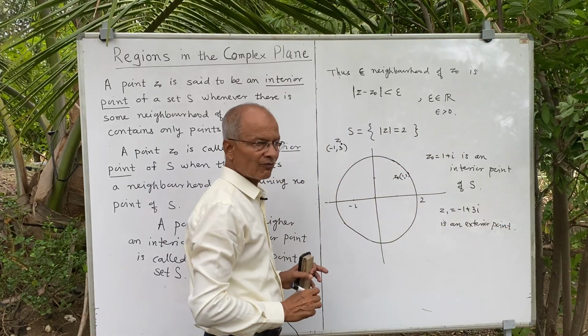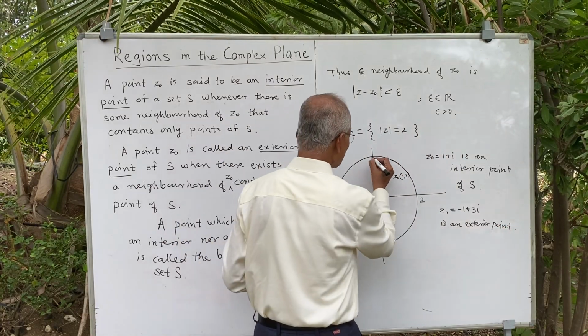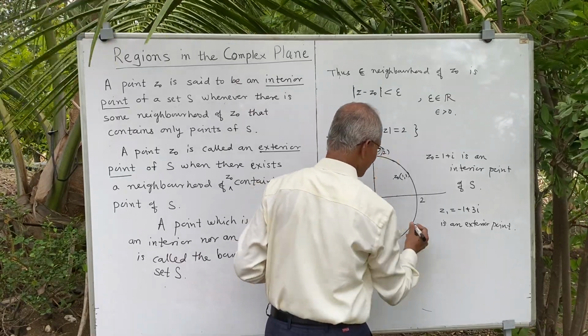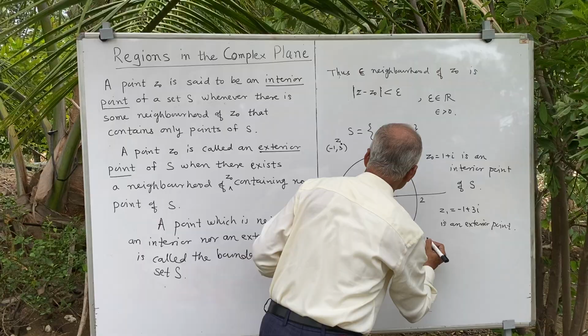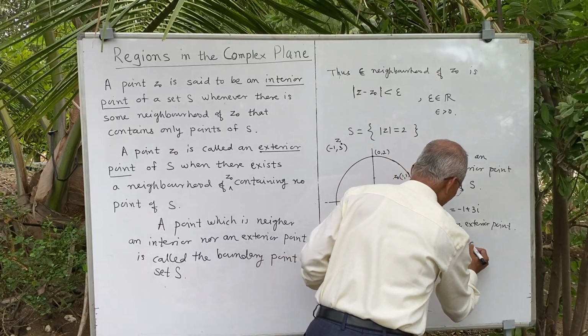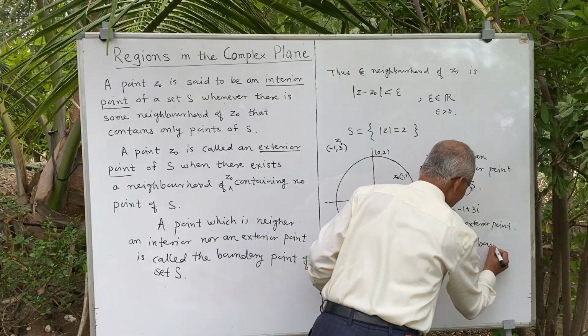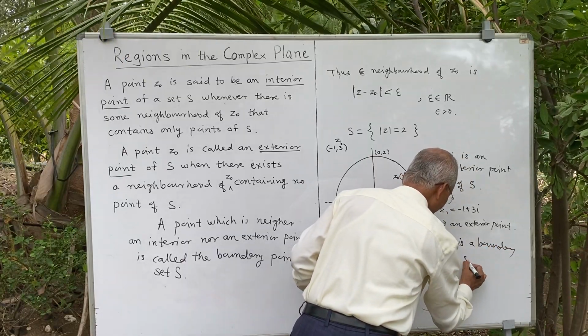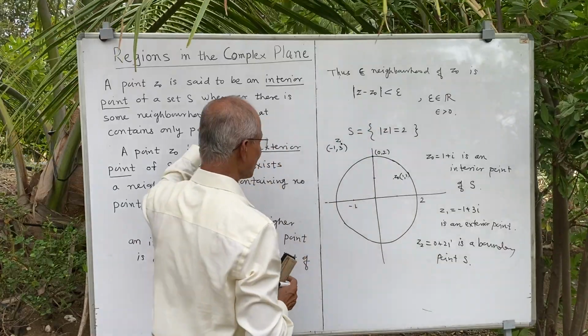And now we may see this point is the boundary point whose coordinates are (0, 2). Z2 is 0 plus 2i, a boundary point of S.